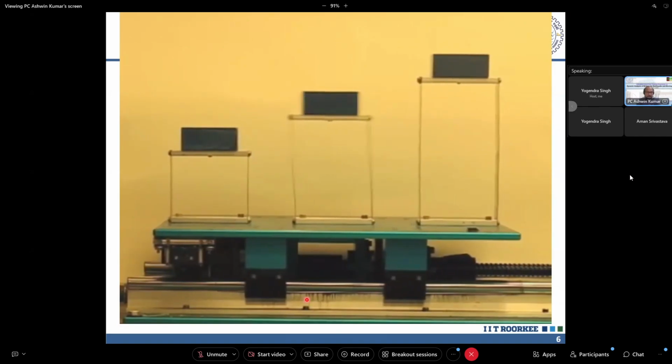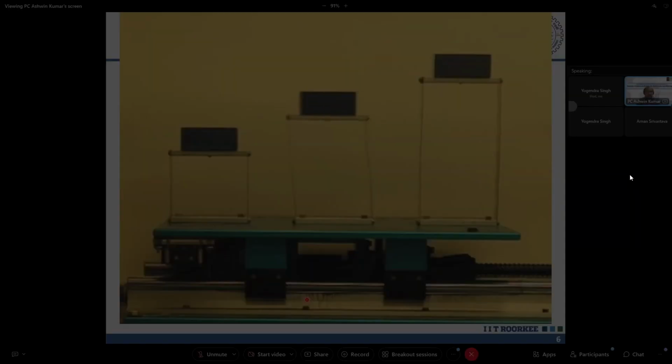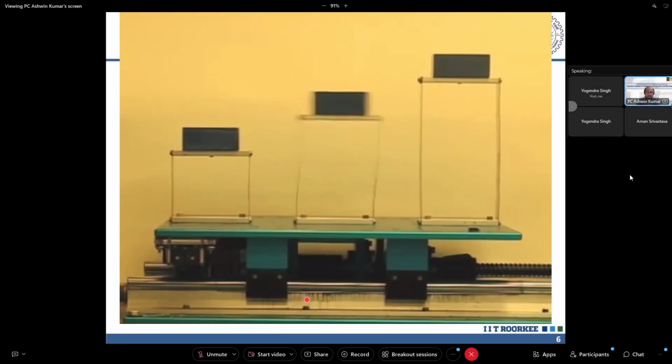Now, when the frequency is increased, you see the rightmost, extremely flexible structure is not responding very vigorously, but the middle one is showing a higher response, higher than even the most flexible one. So at 6.35 hertz, the intermediate system is showing the highest response, which again starts reducing when the frequency is increased.